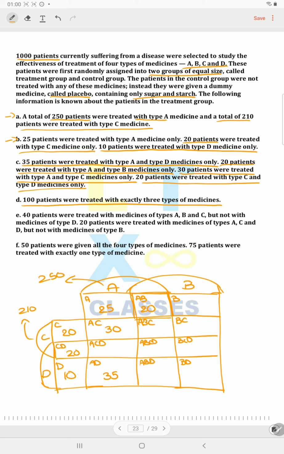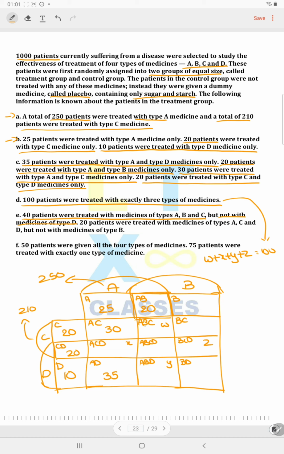Now in this Venn diagram, the cells with 3 types of medicines, let's say if we call them W, this has X, this is Y, and this is Z. We know that W plus X plus Y plus Z equal to 100 as per information in point D. Now coming to point E, 40 patients were treated with medicines A, B and C but not with medicine type D, which is ABC.